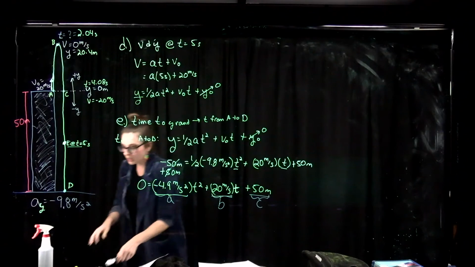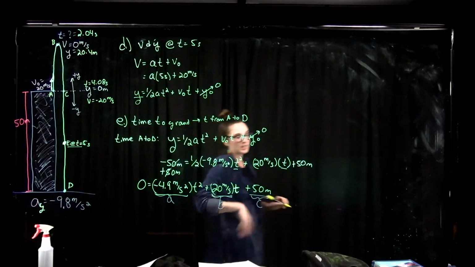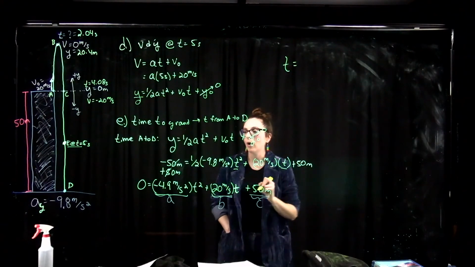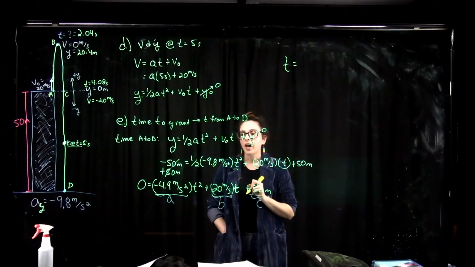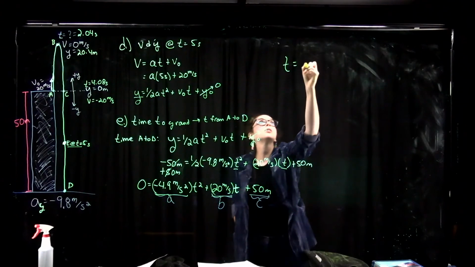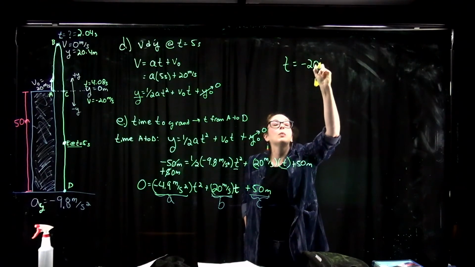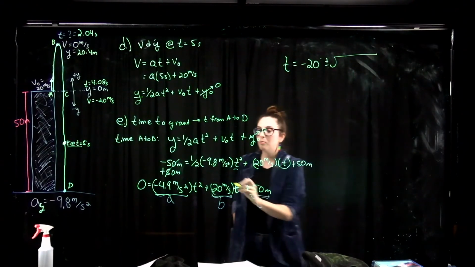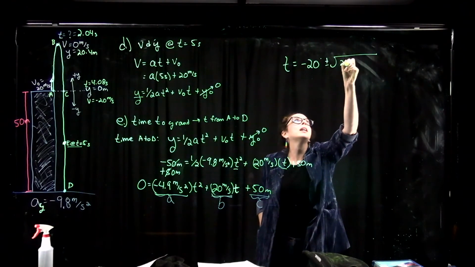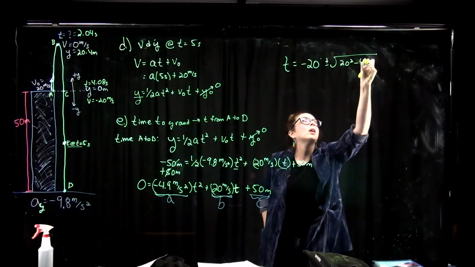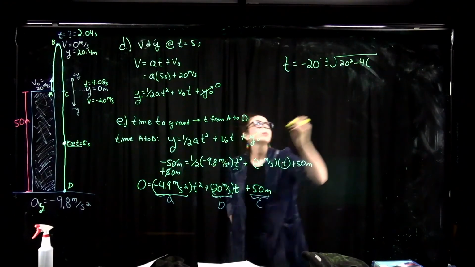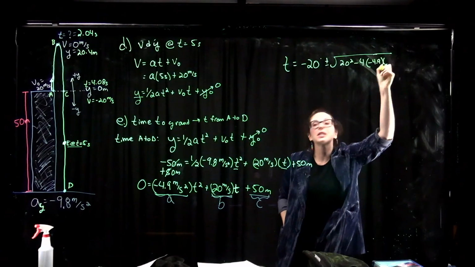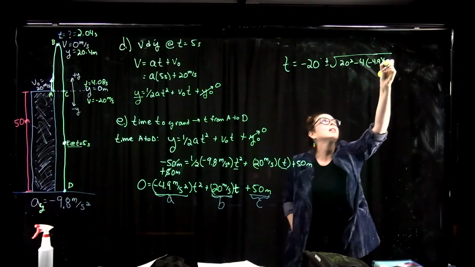And so then we'll use our quadratic formula in order to get t. So let's go up here. t is equal to our quadratic formula. We've got negative b, so minus 20. I'm going to ignore the units. Plus or minus the square root of b squared, so it's going to be 20 squared minus 4 times a, which is minus 4.9, and then times c, which is 50.